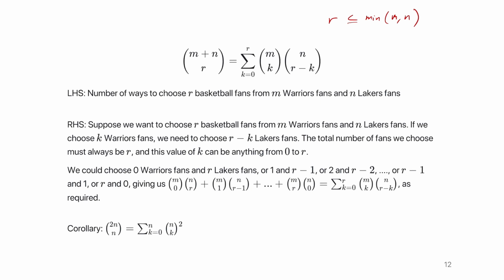And so what we do is add this up over all possible cases, because either we choose 0 Warriors fans and r Lakers fans, or 1 and r minus 1, 2 and r minus 2, and so on. Those are all different cases with no overlap, so we can just add them, and that gives us our total.